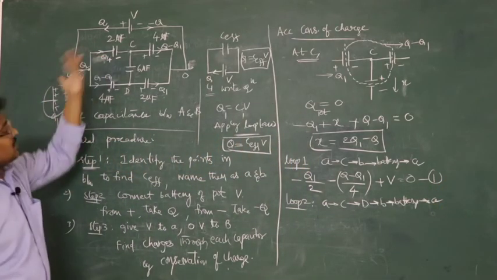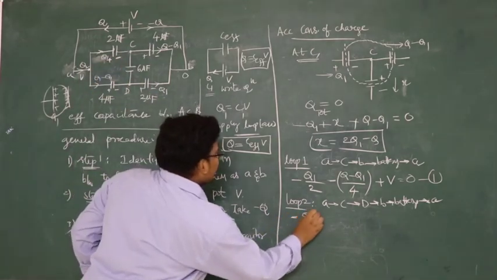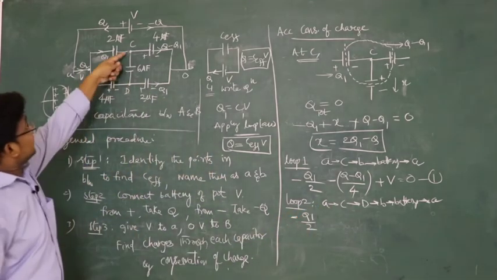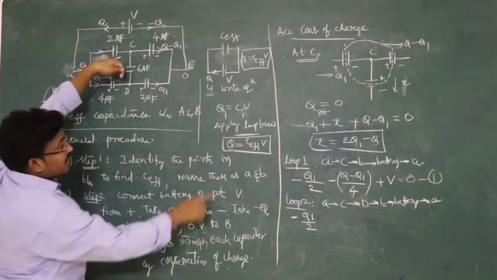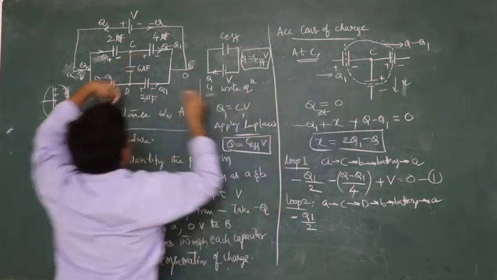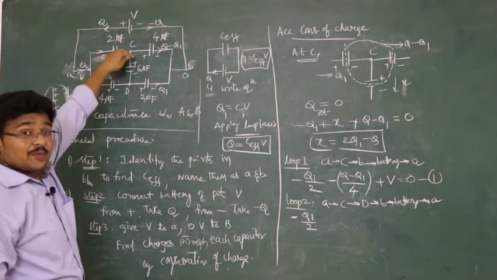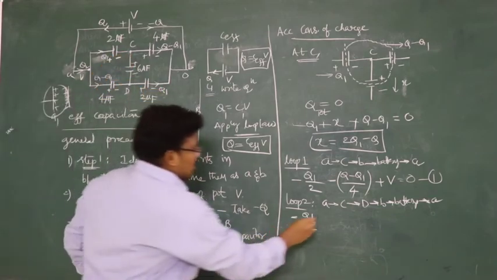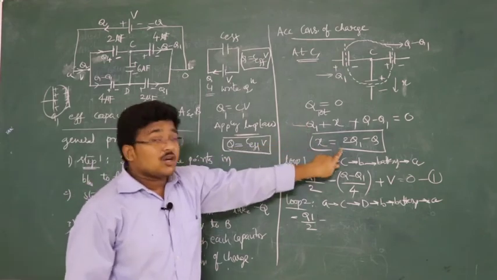Now first A to C, again plus to minus means drop, Q1 upon 2, and C to D. See, you are going like this, and I already told you this is plus, this is minus. You are going from plus to minus, means drop. What is the voltage? Q upon C. What is the charge here? I got 2Q1.